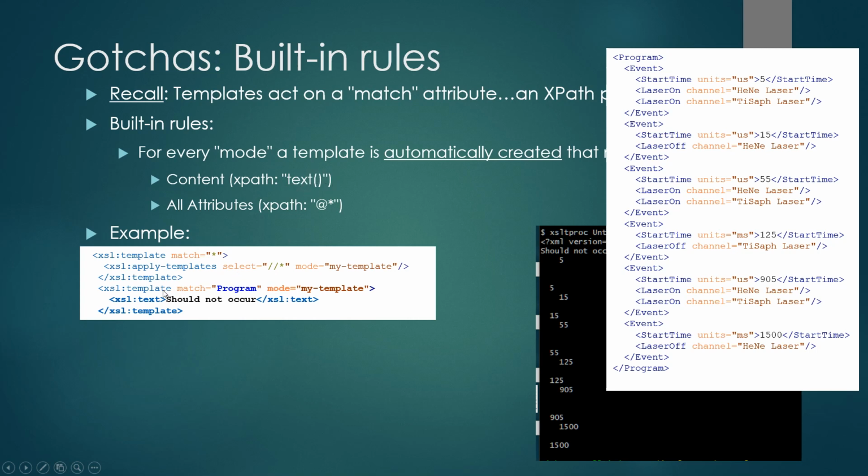So it's like someone also wrote down a template match text mode my template. What did they put inside there? They said just copy the text again. So these default rules are copying back out. Anytime it sees content, it's going to copy it back out. That wasn't what we wanted. We were doing selective stuff on this. We didn't want anything just because it was there.